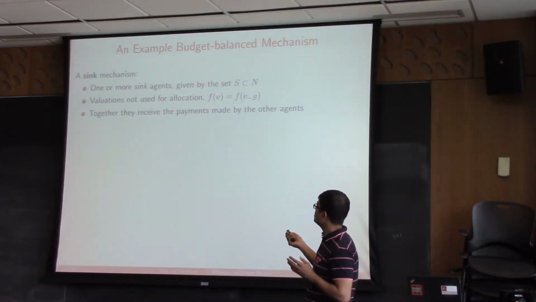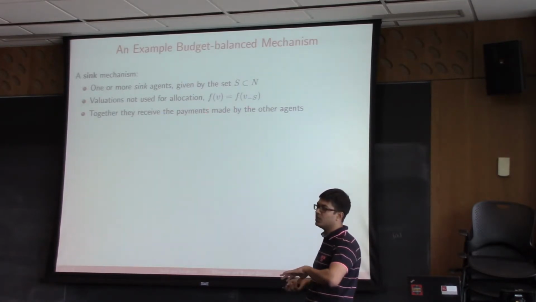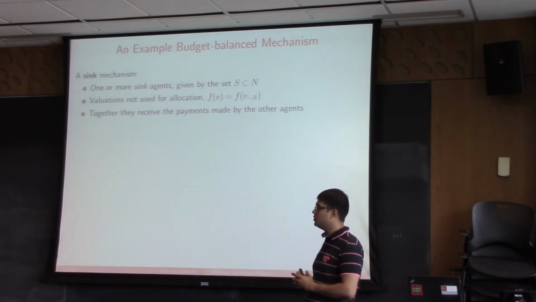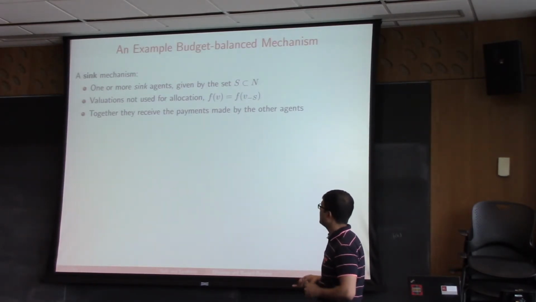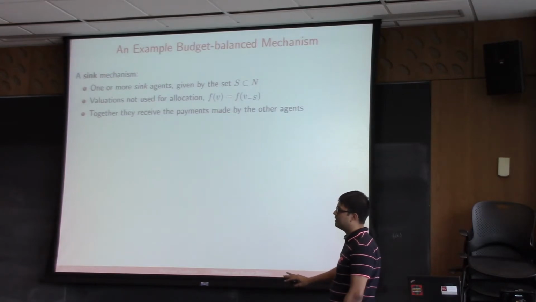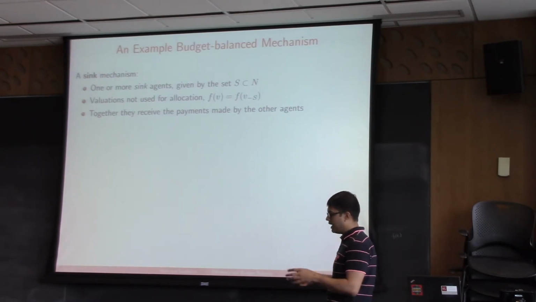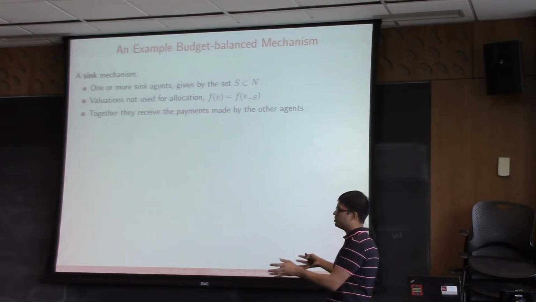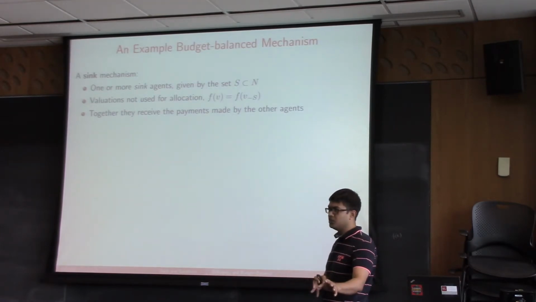The social planner is not using their valuations while taking the social decision. In other words, I'm just ignoring their valuations altogether and taking a decision without looking at them. But I'm also going to compensate them with the payment that the other agents are going to make. So I'm running the mechanism on the valuations except this set of sink agents, and then whatever surplus I generate, I distribute back to these sink agents.